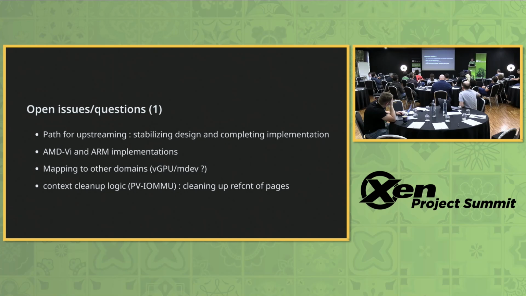So there's also some stuff to improve. One question on the last bullet point there: what is this specifically about? It's when I map a page to a context, then I increment some reference counters so the page doesn't get freed.